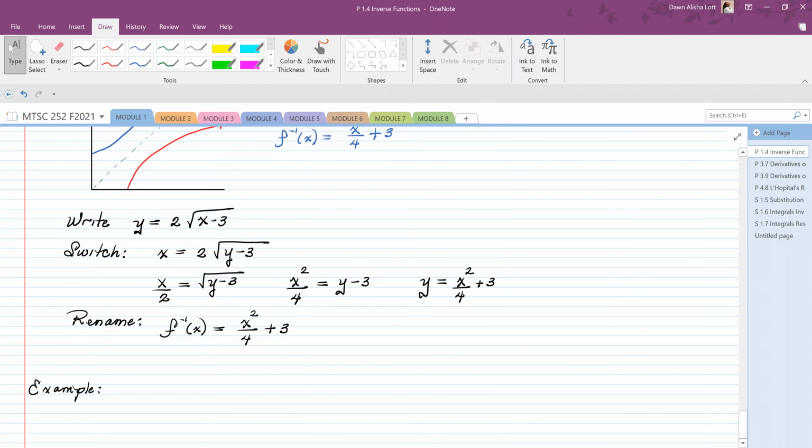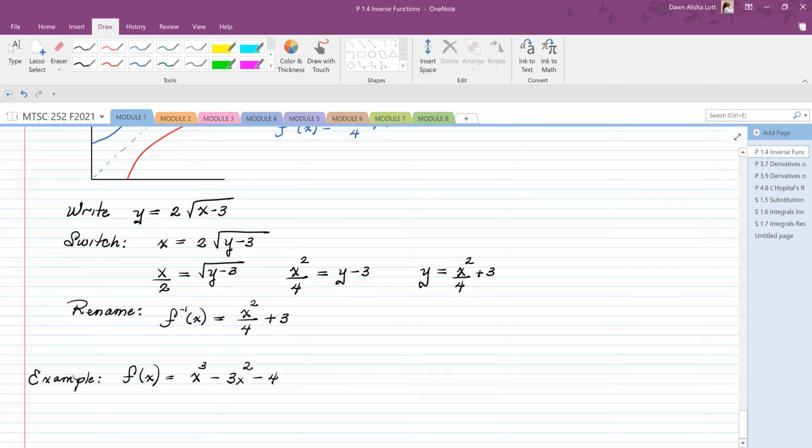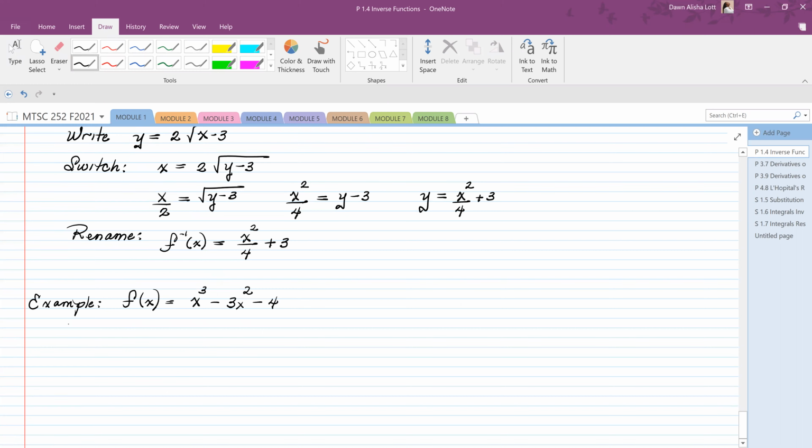Yes. Okay. So if I have f of x is equal to x squared, let's make it x cubed. Okay, so now we can let y equal x cubed minus 3x squared minus 4, and then we do the switch.